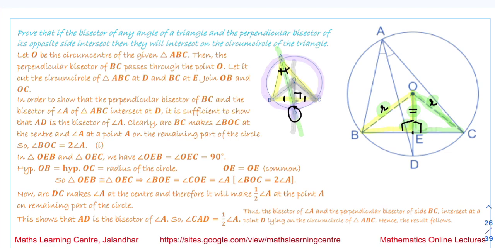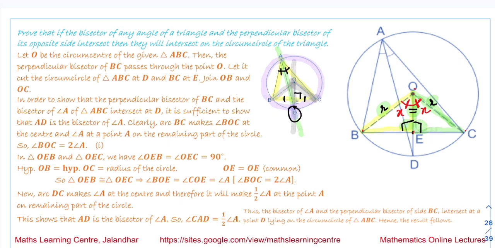So what we get from this is that the angles BOE and EOC are equal to each other. Suppose their value is x and x.